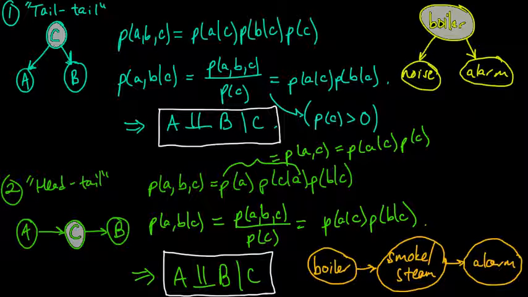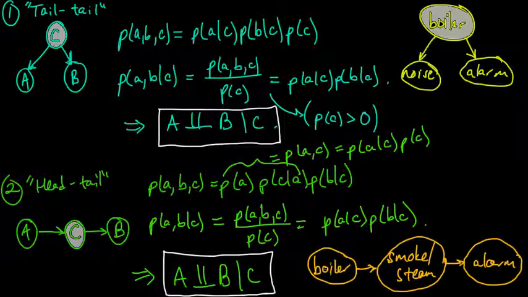So before, if we don't know whether smoke or steam happens or not, the boiler and the alarm are not independent, right? Because if I heard the alarm, I would think that bleeping boiler is doing it again. What is going on?